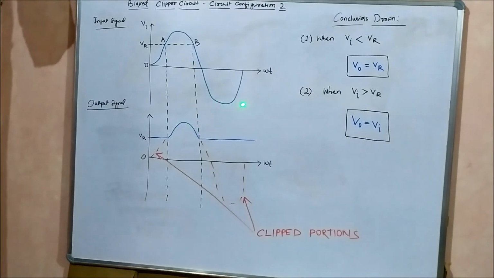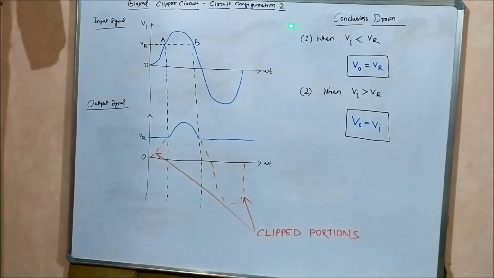The negative half cycle is not touched. In this case, it is completely removed; in the previous circuit, it was completely present. So the positive half cycle top portion is present, the bottom portion is removed, so it is a positive bias clipper.